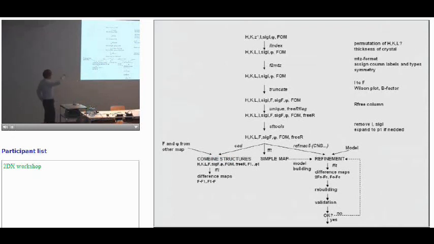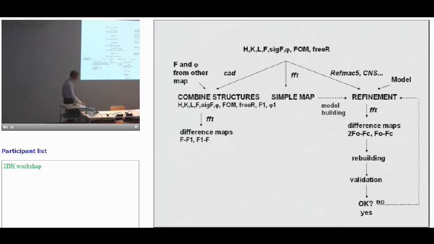So then we have reached the stage where all the pre-processing has been done, and we are now approaching the level where we want to do something. We want to maybe calculate a simple map. This is highlighted, the second part of the flow scheme here.